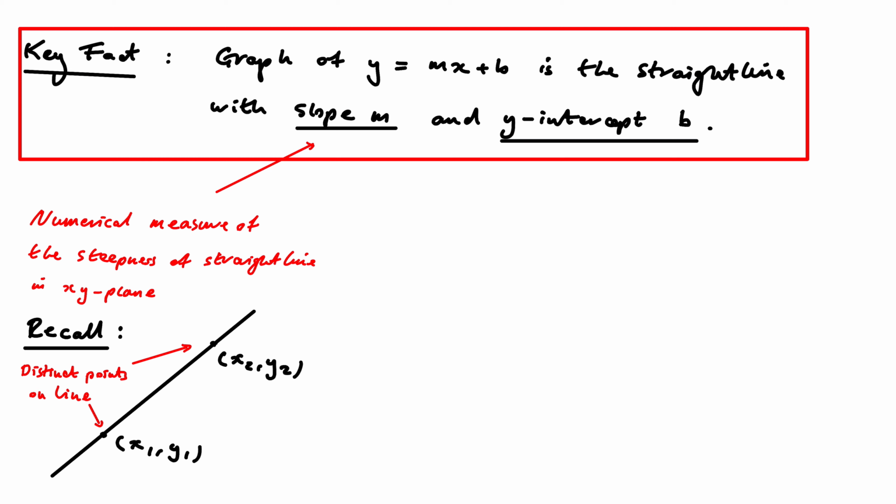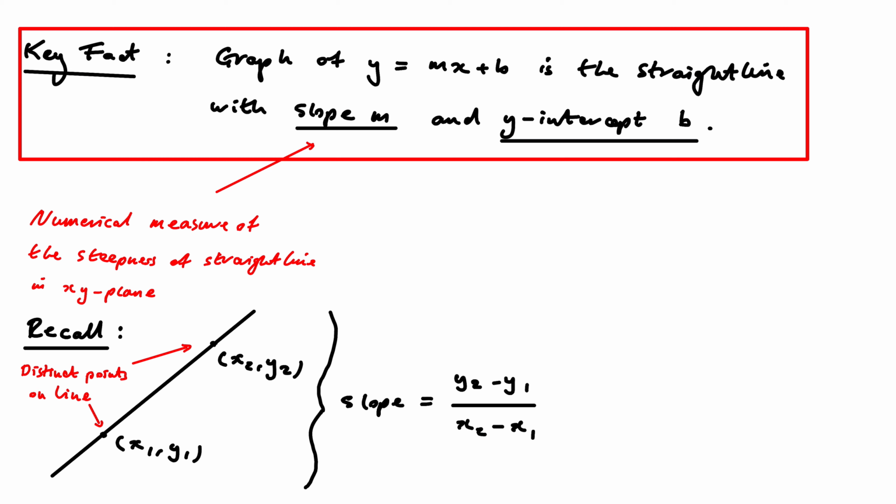Well, then the slope is the number given by y2 minus y1 divided by x2 minus x1. And it could be the other way around too. It could be y1 minus y2 divided by x1 minus x2. It's exactly the same because it would be minus 1 divided by minus 1, so 1, it wouldn't affect anything.